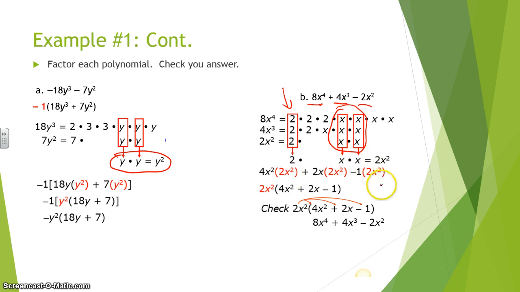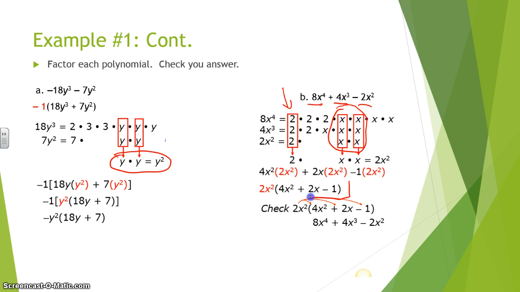So we pull that out of each term. We pull that in front of the parentheses to get 2x squared, and then we rewrite whatever's left over. So we have 2 times 2 is going to be 4x squared plus 2x minus, we have nothing left here, so minus 1.